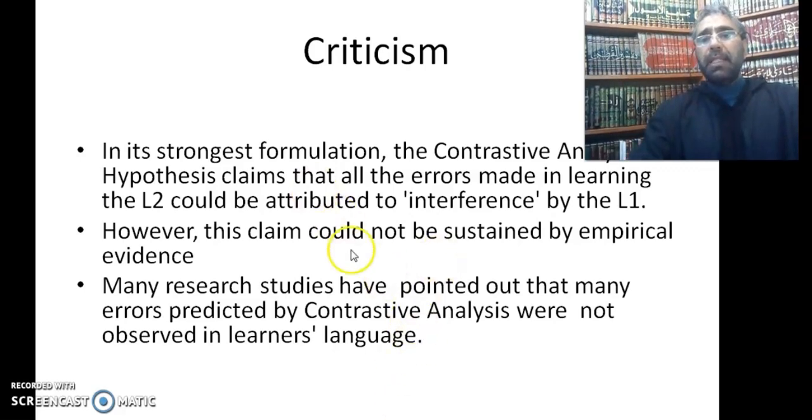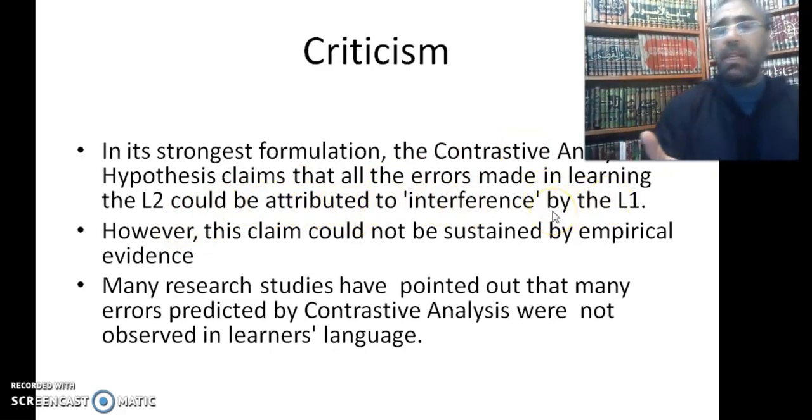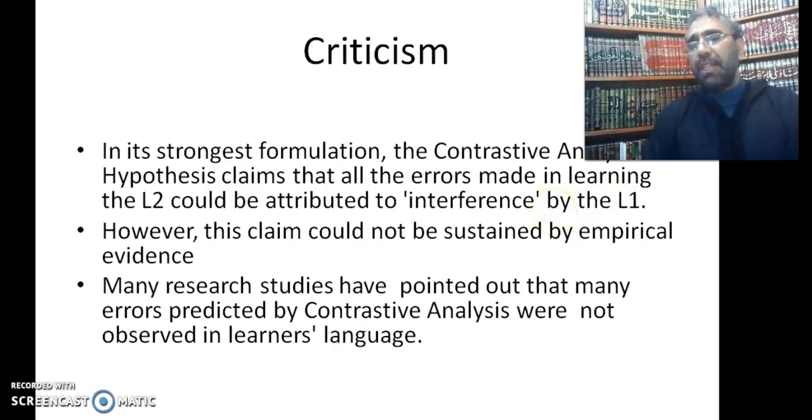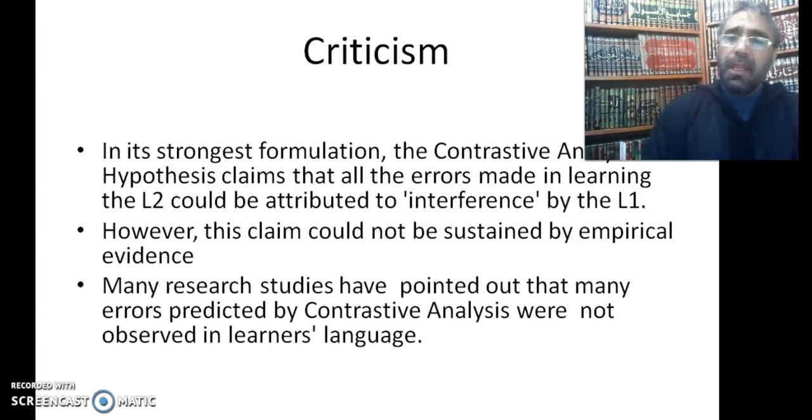Now, it says here that all the errors made in learning an L2 could be attributed to interference by the L1, but it's not true, it's not correct. For example, if a French speaker is learning English, and he says, for example, "Yesterday, I go to my friend's house," instead of saying, "Yesterday, I went."